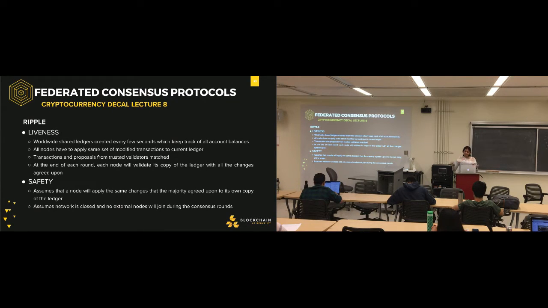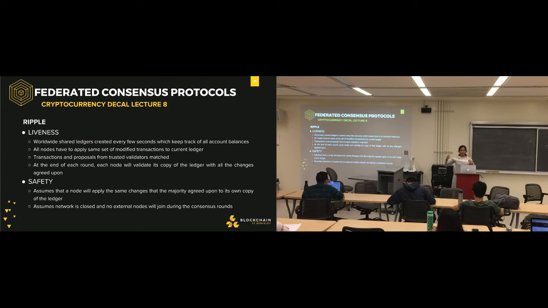So how does Ripple do this? There's a worldwide shared ledger, which is created every few seconds, which keeps track of all the account balances. So it's sort of like a block which has all the account balances of the entire network. All the nodes in the network have to apply the same modifications on a set of transactions in the ledger that they have created.